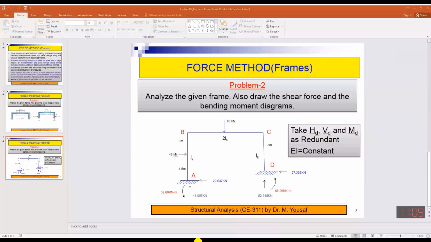Now you can see in this case 96 kilonewton is the vertical force, and this is 48 I think, 48 था ना?